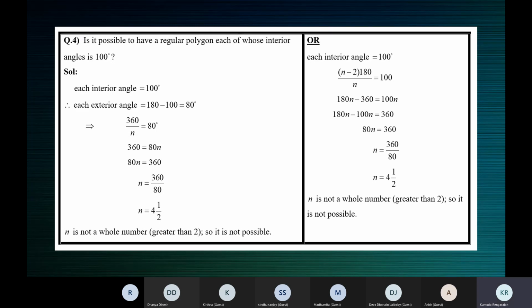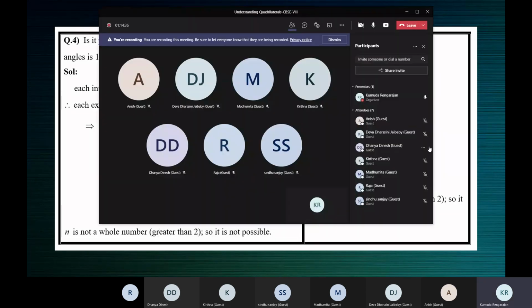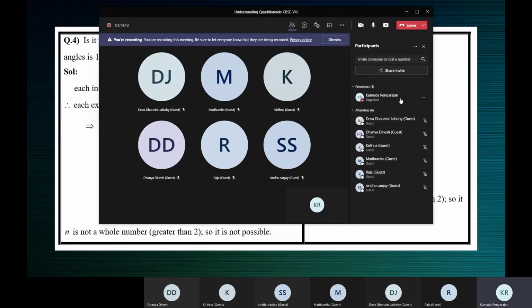Finished this, children? Finished, ma'am. Completed. Okay. Class, use the emoji, raise your hands.